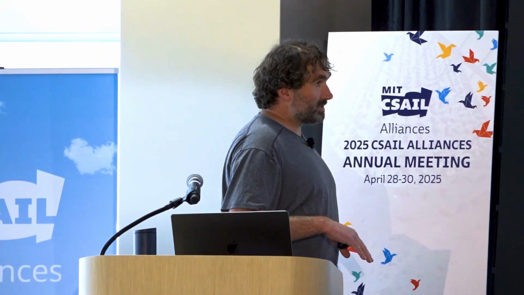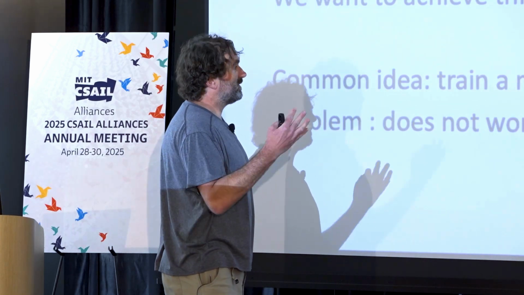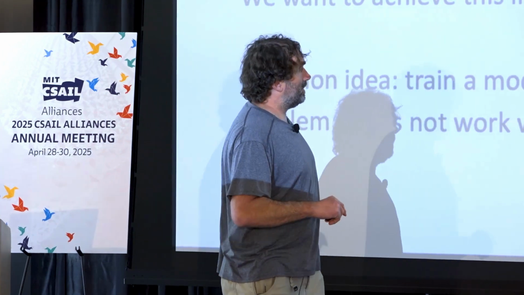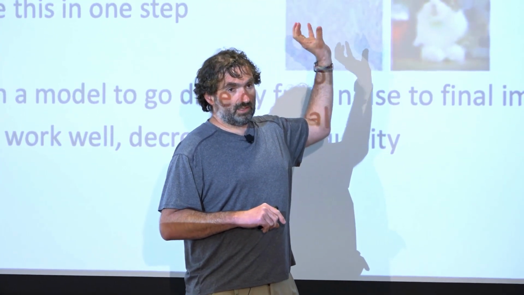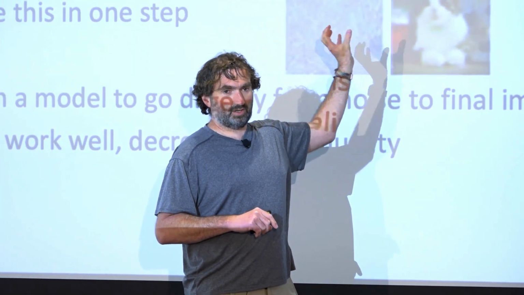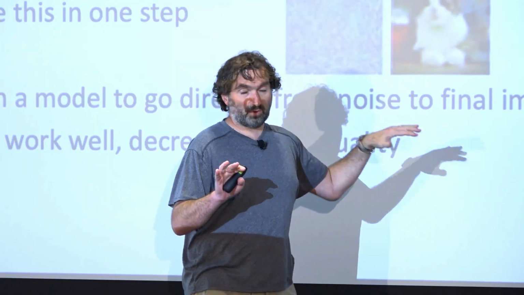That gives the model more degrees of freedom to say, well, it's a little easier for me if I map this noise to that image rather than to this other image, and my life is going to be easier and I'm going to do better. And the original model is very important because it provides us with the ability to compute that notion of distribution and to know if the probabilities that we're matching are right.